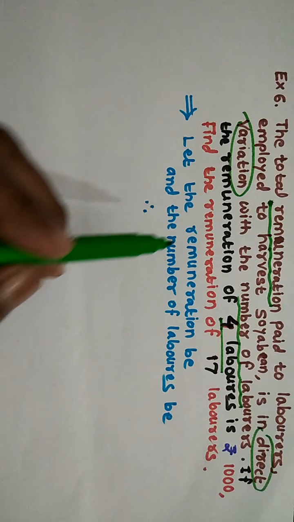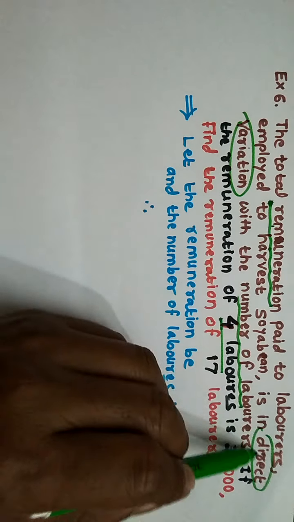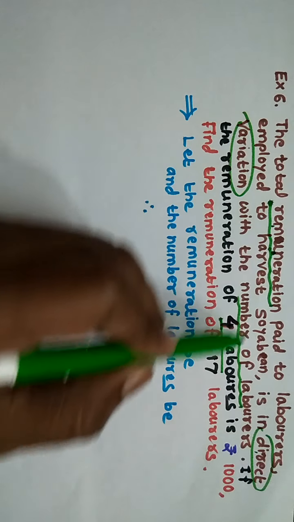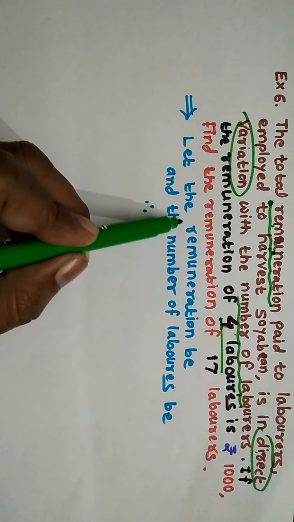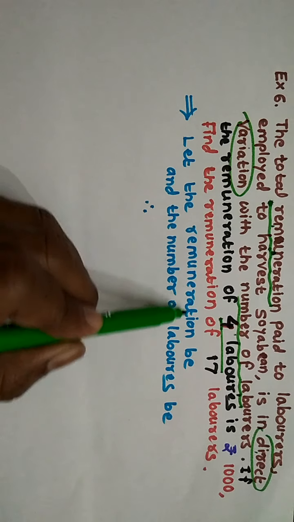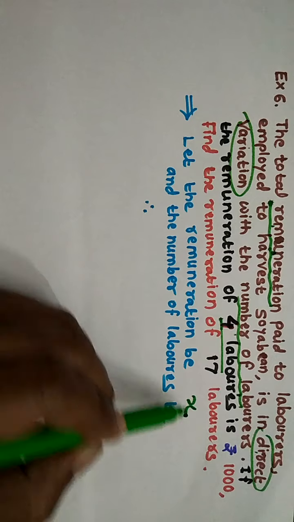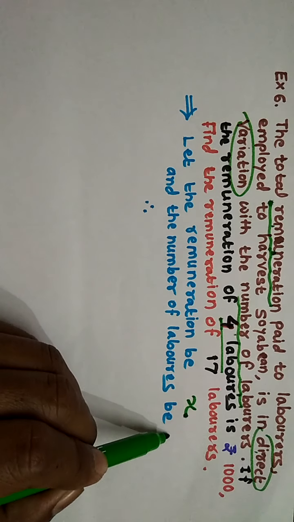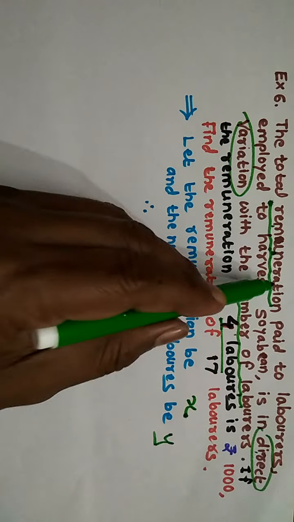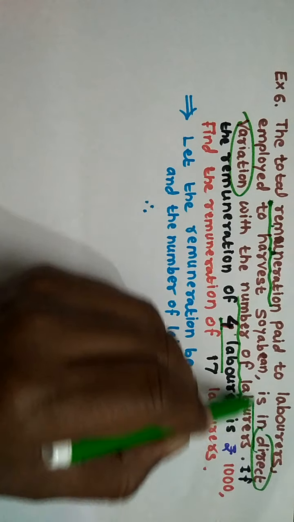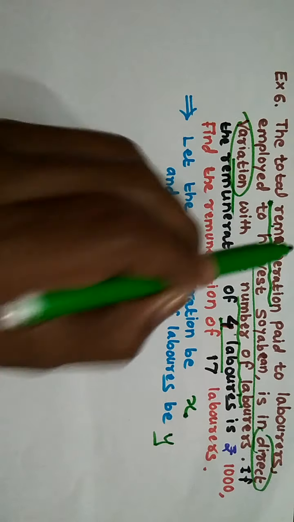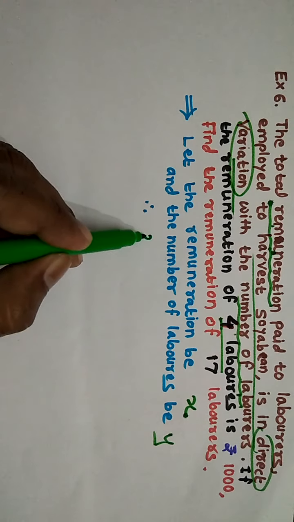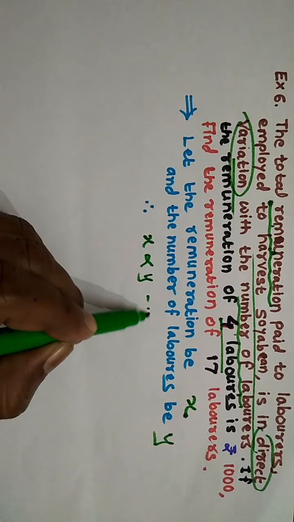This is our aim. There is direct variation between remuneration and number of laborers. So let remuneration be x and number of laborers be y. From the given lines, we write that there is a direct variation.